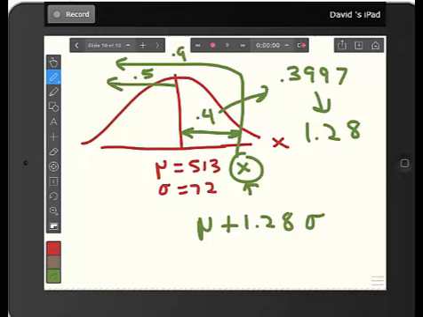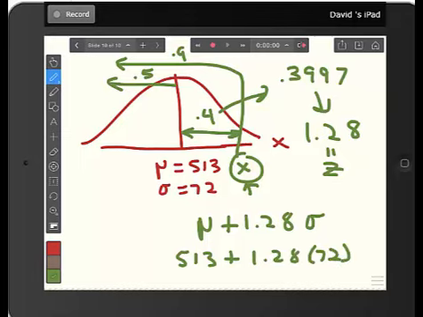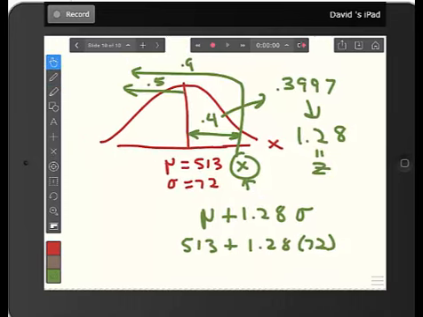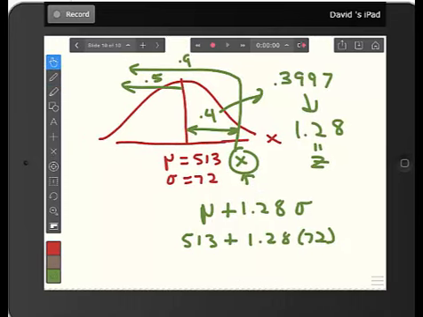That's just a z value. So then it's just plug in some numbers now, and that all comes out to be 605.16.